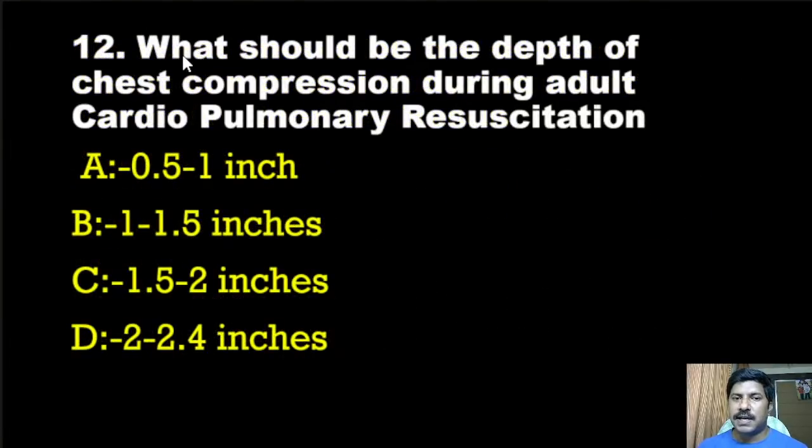Then 12th question. What should be the depth of chest compression during adult CPR? 0.5 to 1 inch, 1 to 1.5 inches, 1.5 to 2 inches, 2 to 2.4 inches.